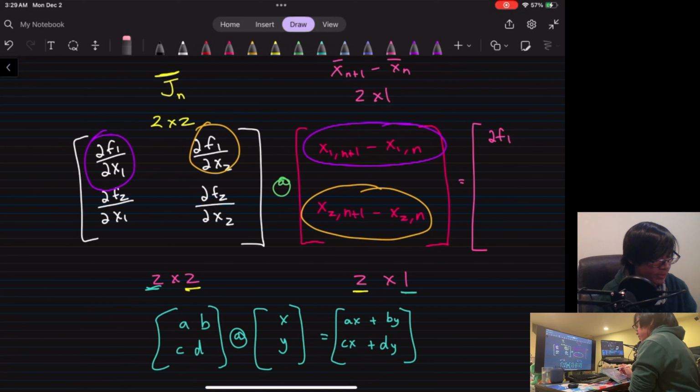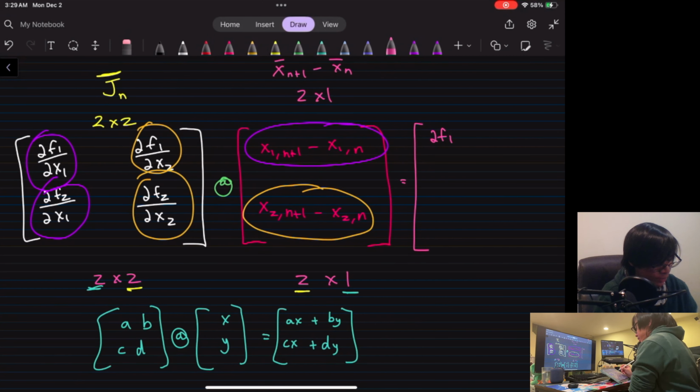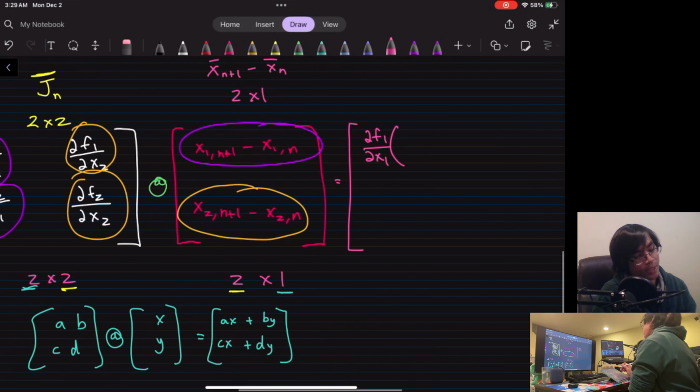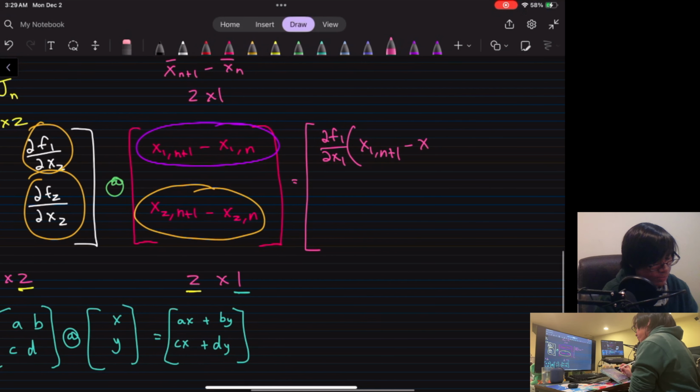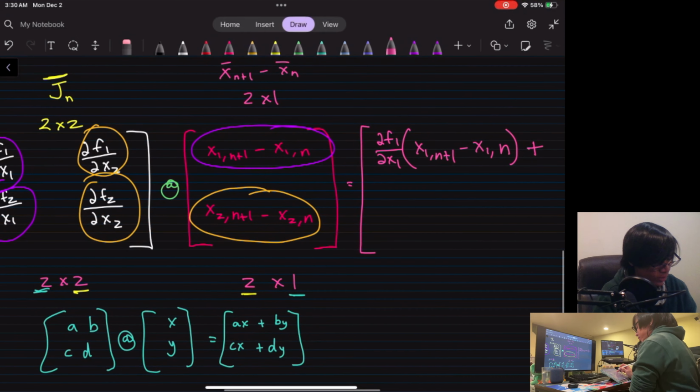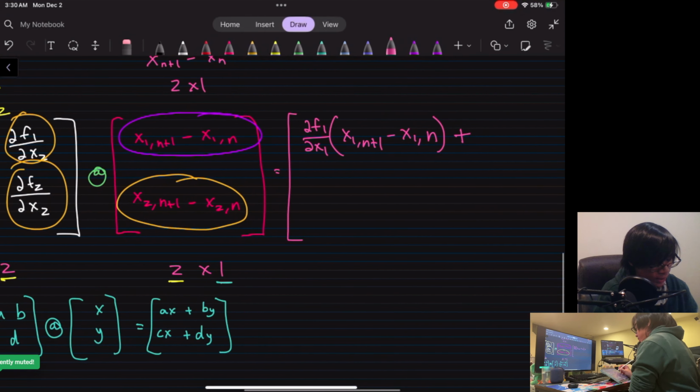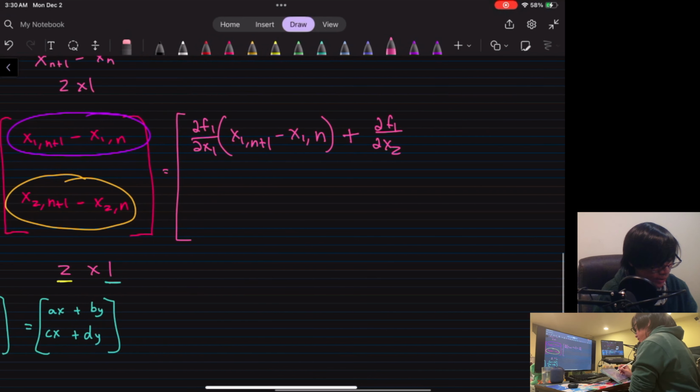Same thing happens in the second row for our Jacobian. We multiply the partial derivative by the first row in our 2 by 1, x1. So this is the change between the future position and the current position, if you want to think about it like that. And plus, following our ax plus by, same thing, function partial derivative with respect to x2, and exactly the same.